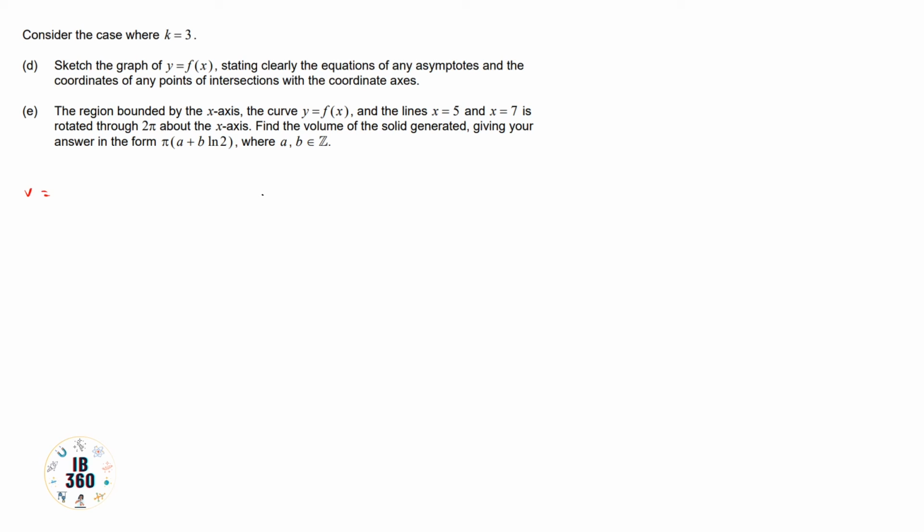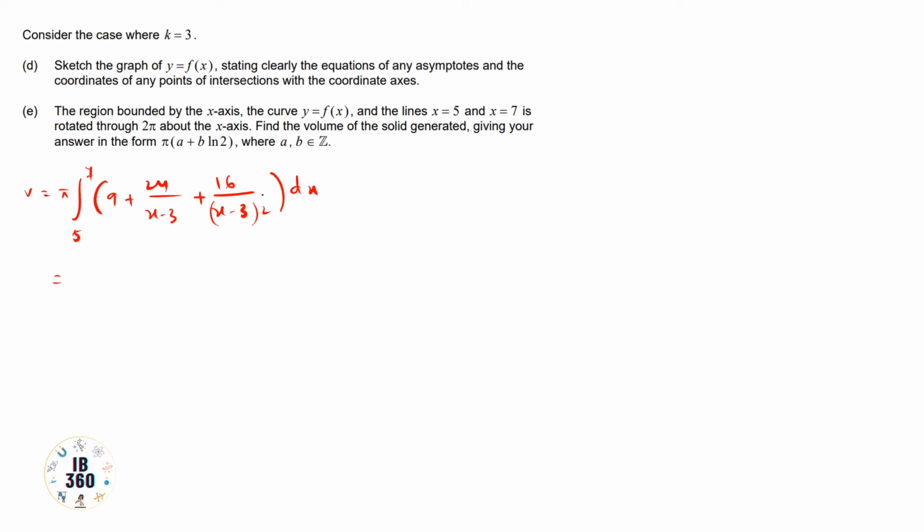So the complete equation is like this: pi times the integral from 5 to 7 of 9 plus 24 by (x minus 3) plus 16 divided by (x minus 3) whole squared, dx.